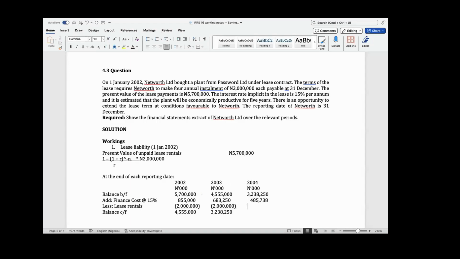Now remove the rents. What's the balance? 1,723,988.